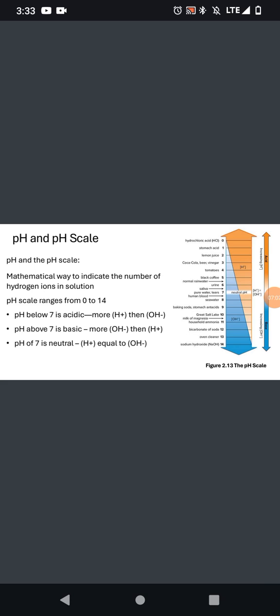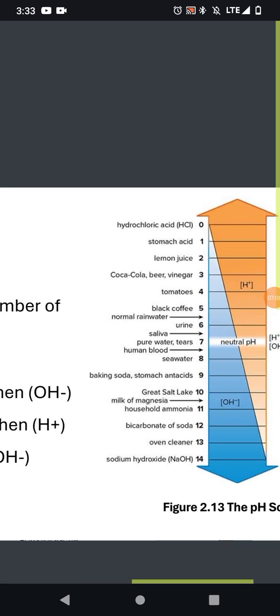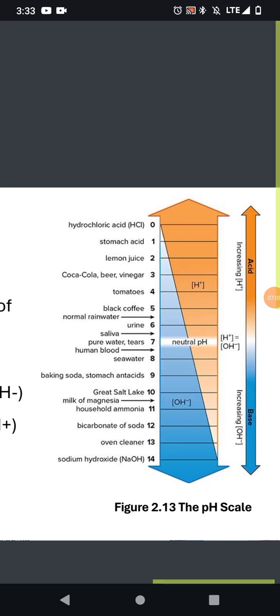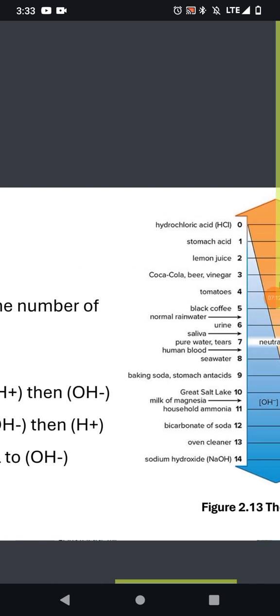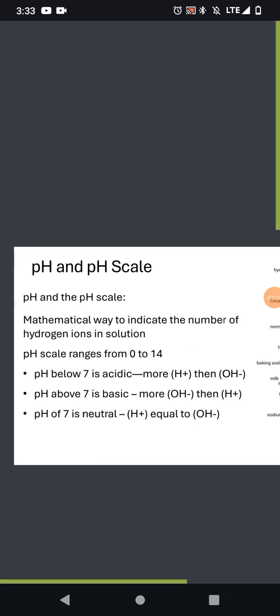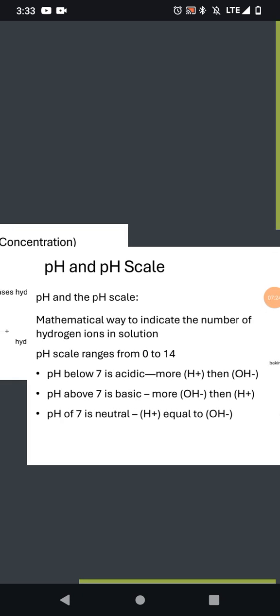pH and the pH scale. And here's a zoomed in part of that. Okay. And now we're reading the information. It's a mathematical way to indicate the number of hydrogen ions in solution. The pH scale ranges from 0 to 14, as we can see here.